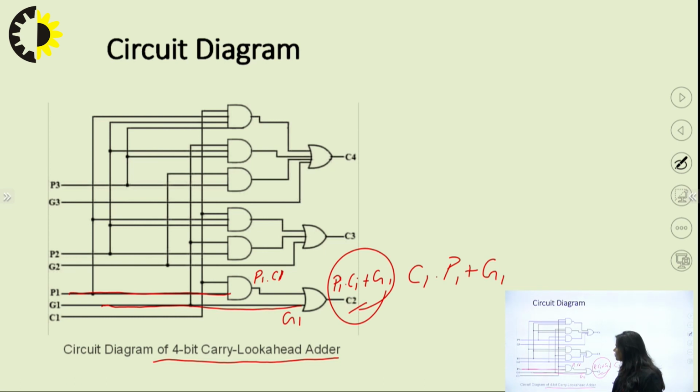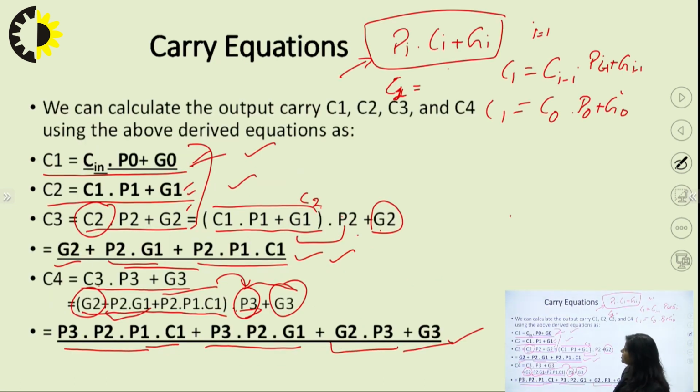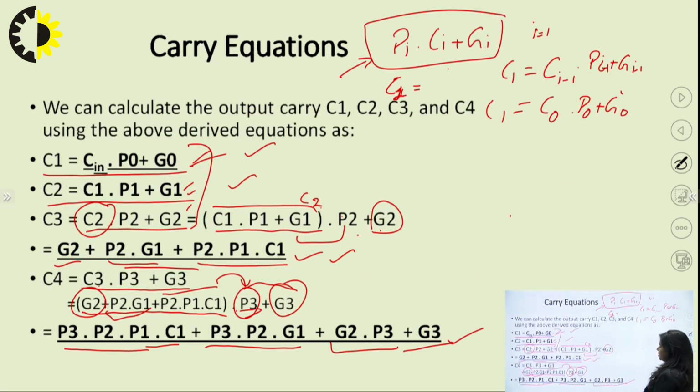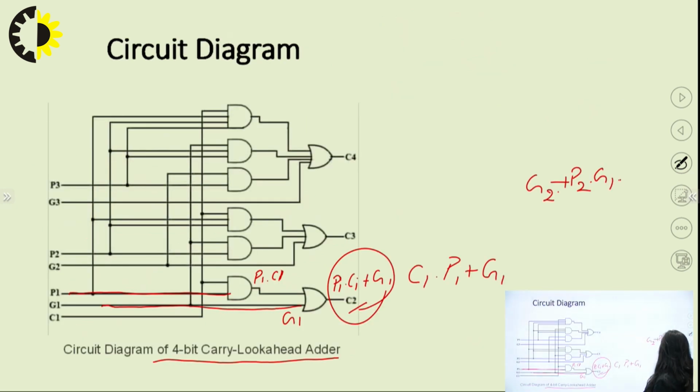Okay, now look at C3. What was C3? G2 plus P2 dot G1, plus P2 dot P1 dot C1. Let's verify whether this equation is satisfied.